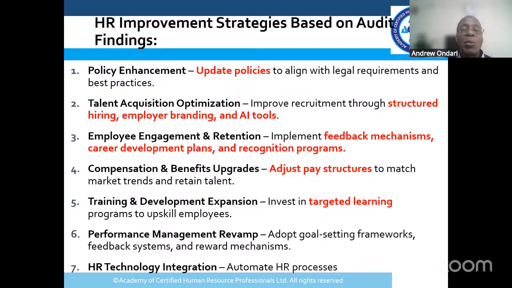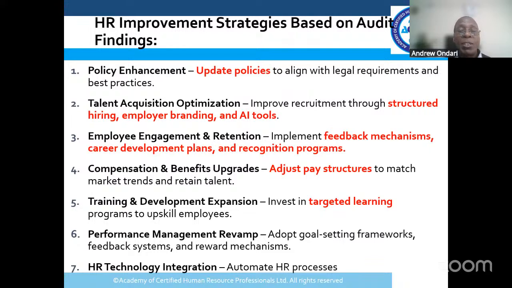So when you have done your HR audit and you have identified opportunities, gaps, and risks, then you enhance your policies, update those policies based on the opportunities, gaps, and risks you have identified. Number two, where there are talent gaps, you ensure that you bring them on board.